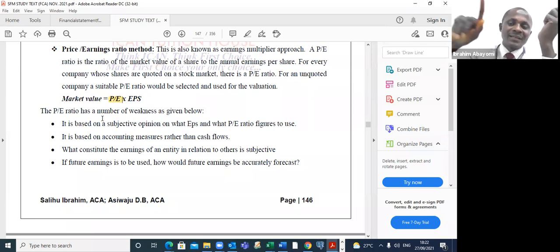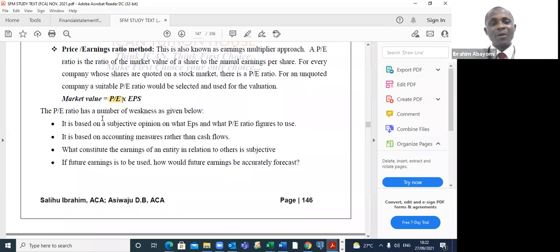It means the price earnings ratio I selected for the unquoted company will be an unreliable price earnings ratio because the unquoted company is not the owner of that price earnings ratio. I'm just using it to value the company on the basis that they are in the same industry. That is what that point is talking about.